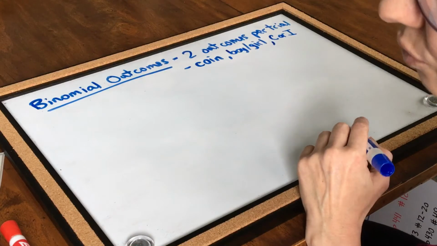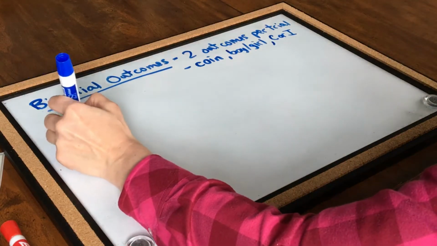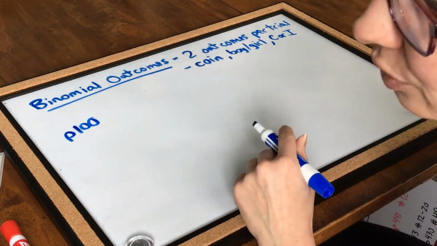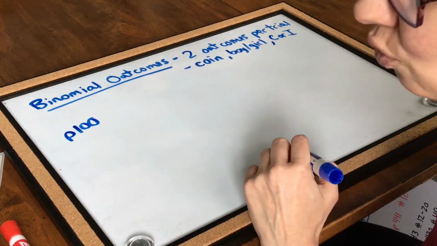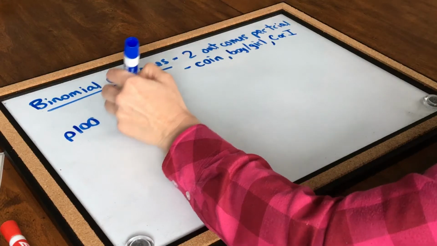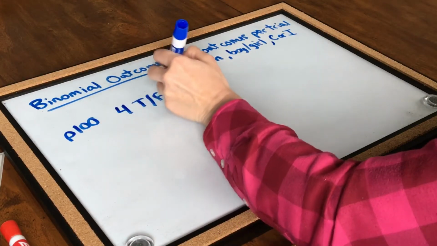Right now I'm working on page 100, looking at the situation that they give us. A quiz has 4 true-false questions.